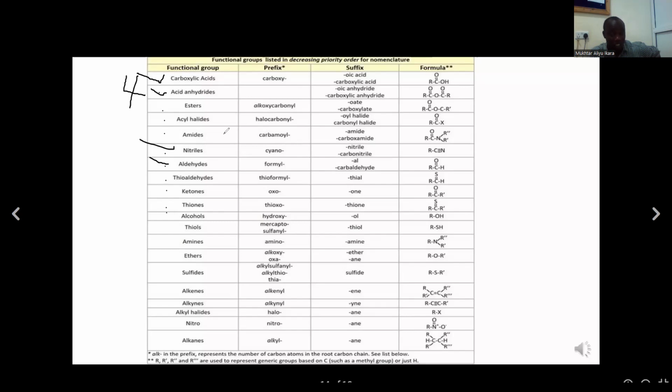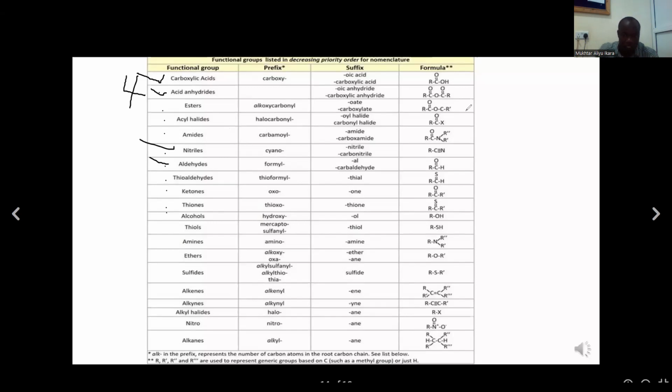We'll consider them as a secondary prefix, while carboxylic acid will be considered as the secondary suffix. Okay. That is that. So this table is very, very important. It's very essential when naming organic compounds that have multiple functional groups.